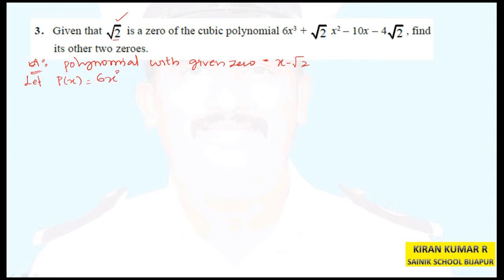It's 6x cubed plus root 2 times x squared minus 10 times x minus 4 root 2. As I said, we will follow the long division method and we will divide the polynomial by the polynomial x minus root 2. So I will divide this 6x cubed plus root 2 x squared minus 10x minus 4 root 2. Let's follow long division.